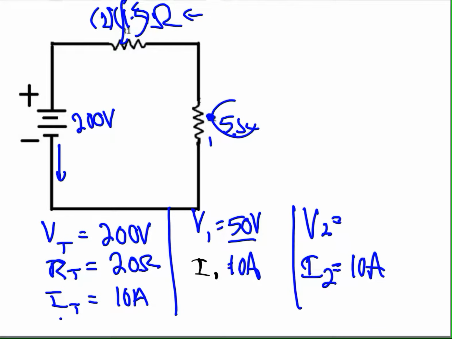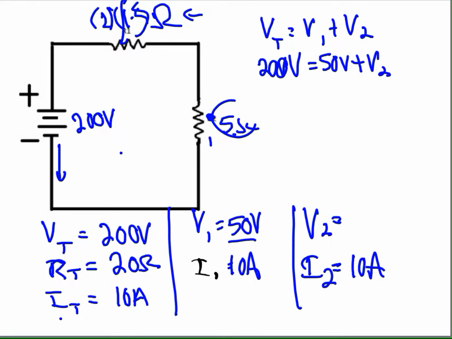So you could very easily just do V equals IR for that guy, or we could take advantage of the rule that V total is equal to V1 plus V2. And if V total is the 200 volts, and we just found V1 to be 50 volts, well, V2 just has to be whatever's left over from the 200. So this guy has to be 150 volts.